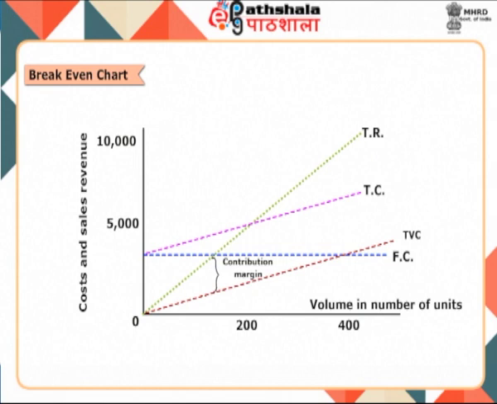The point where the TR line, that is the total revenue line, and the total cost line intersect is the break-even point. The area between total cost and total revenue below the break-even point represents losses, and the area between total revenue and total cost above the break-even point represents profits of the firm.